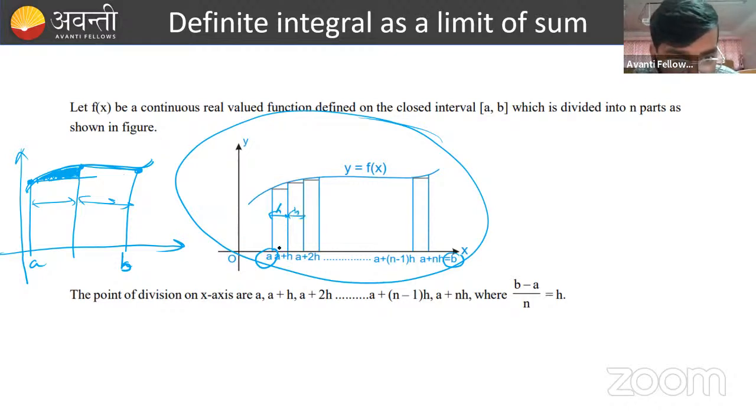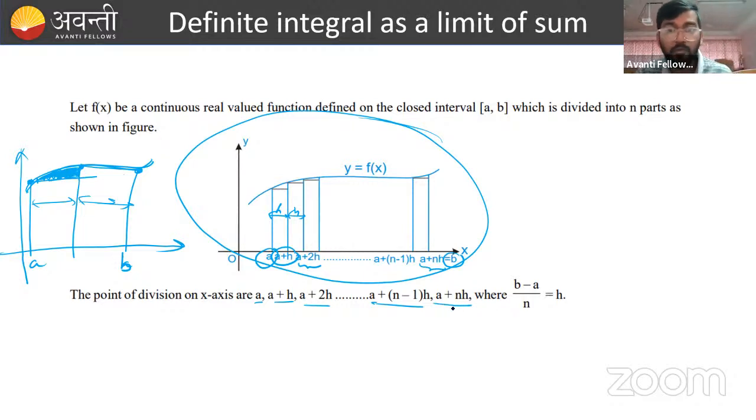So we can see A plus h has been written, A plus 2h has been written, the next would have been A plus 3h and so on, till for the nth rectangle we can see A plus nh. So the points of division on the x-axis are A plus h, A plus 2h, and so on till A plus (n minus 1)h and A plus nh.